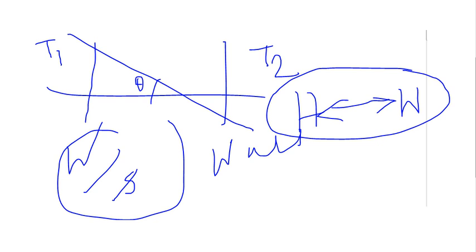And all of you know that heat is energy in transit. There are two types of energy: energy in storage and energy in transit. Energy in storage means internal energy, and energy in transit means heat and work, which can be transferred.